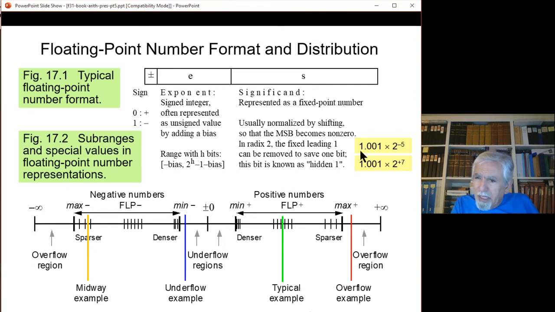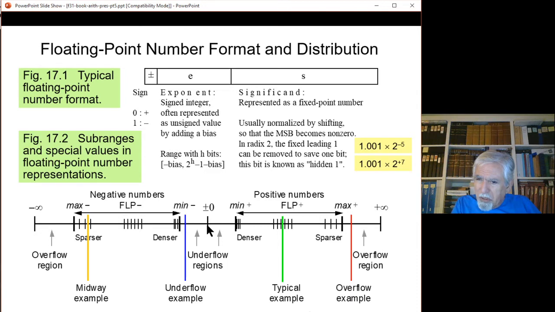Okay, notice because we are requiring the first bit to be 1, 0 does not have a proper representation in this format, because 0 will have a 0 significand, and a 0 significand does not have a leading 1, so it cannot be represented in that format.